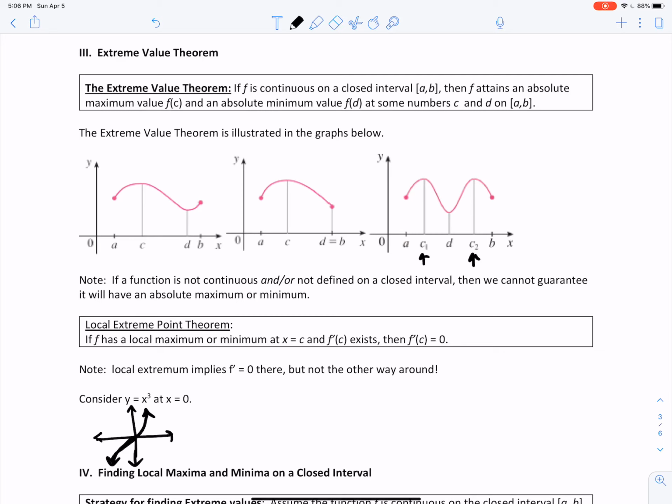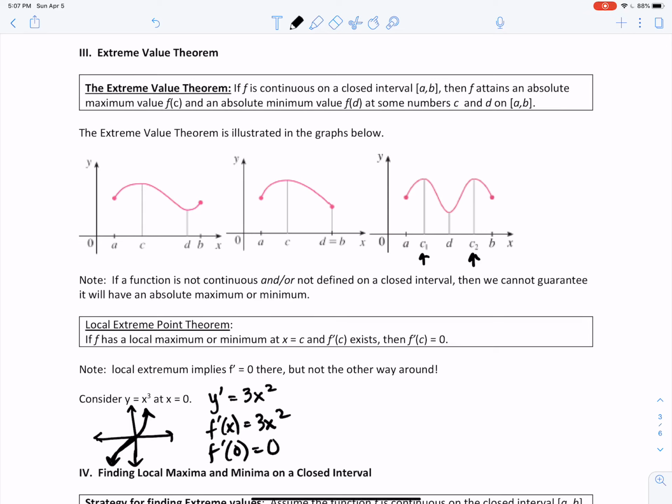So that's my graph of y equals x cubed. If I take the derivative, if I find the y prime, well, that's going to be 3x squared. Let's just call this f prime of x equals 3x squared, and f prime of 0: if I substitute in 0, I'm going to end up with 0.